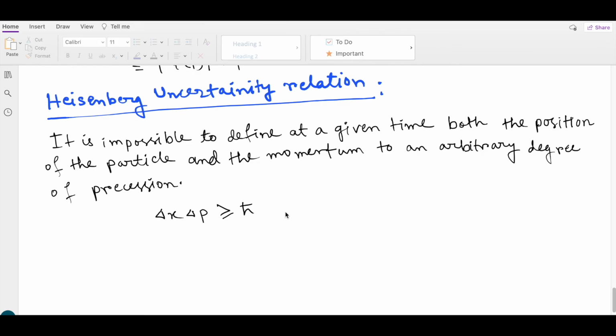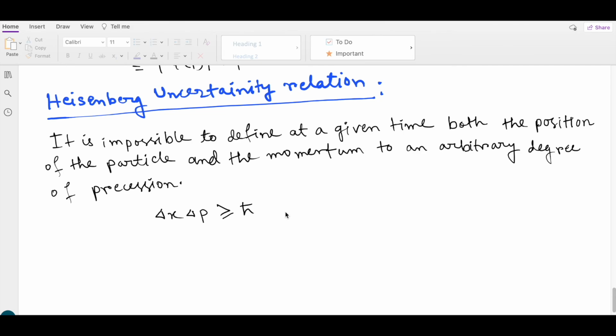The mathematical expression is delta x delta p is greater than or equal to h cut by 2. We will learn this in great detail in the consecutive lectures. I am just stating it here as an introduction to the Heisenberg uncertainty principle. This is actually how nature works.